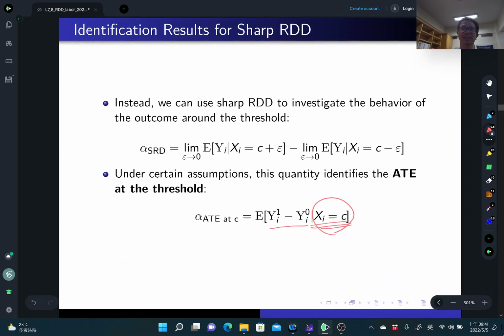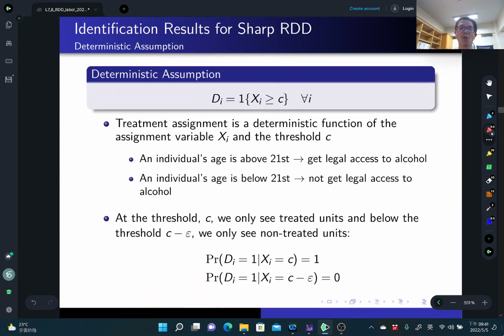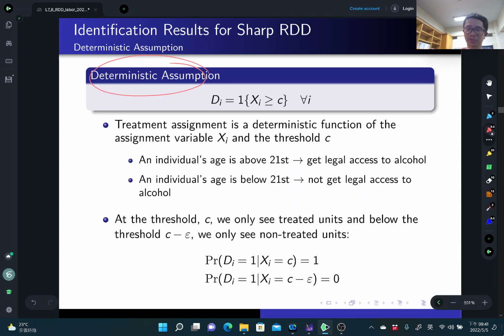This is based on two assumptions. One is called the deterministic assumption. That means whether you get treatment or not is fully determined by whether your assignment variable is above or below the cutoff. When you are just above the cutoff, you get treatment. If not, you do not get treatment. In the alcohol case, if an individual's age is above 21 years old, you can get legal access to alcohol, and if the age is below the 21st birthday, you do not get legal access to alcohol.